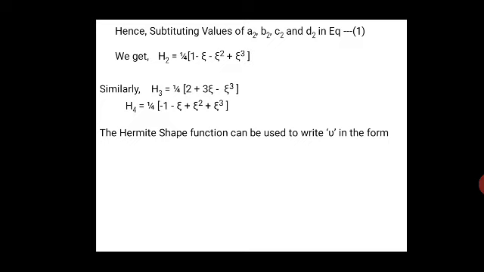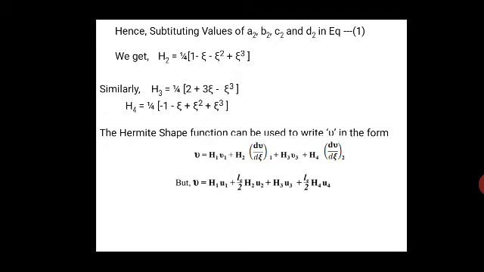Then the Hermite-Shape functions can be used to write the deflection in the form of v is equal to h1 v1 plus h2 dou v by dou zeta of the first element plus h3 v3 plus h4 dou v by dou zeta of the second element.